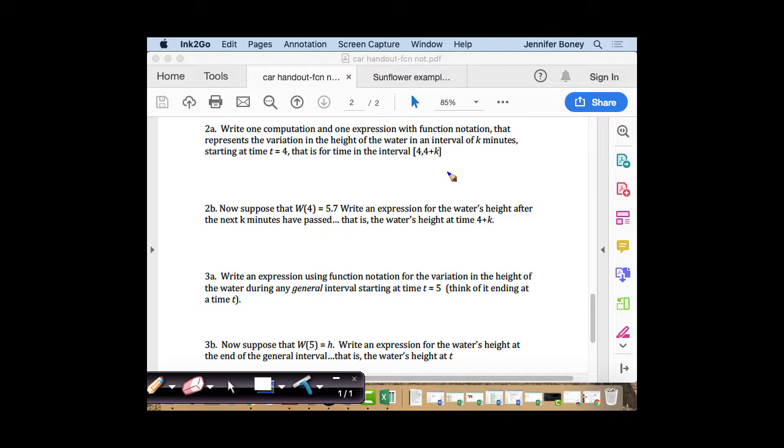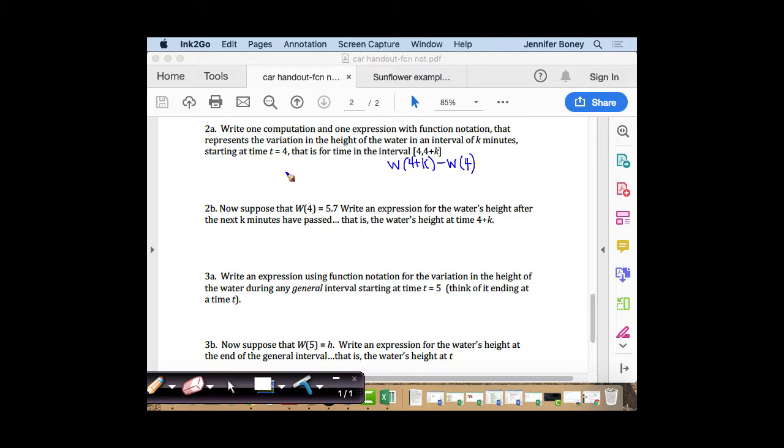Yeah, W of 4 plus K minus W of 4. So here's an expression with function notation that talks about how much the height changes during this particular 4-minute period. Now, because it's constant rate of change, it doesn't really matter which 4-minute period it is. It would be the same amount for any 4-minute period. So this uses function notation.